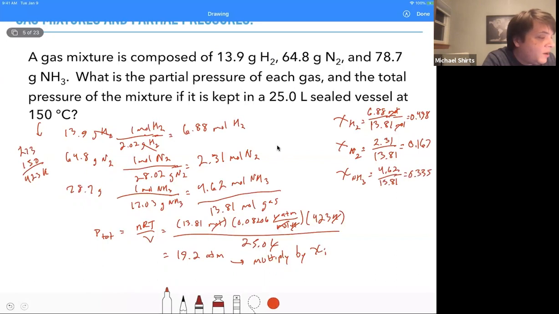So what do we want? We want the partial pressure of H2, the pressure due to the hydrogen, which is just going to be this pressure multiplied by that mole fraction. I'm writing it as P H2 equals P tot times chi H2, which is 9.56 atmospheres.